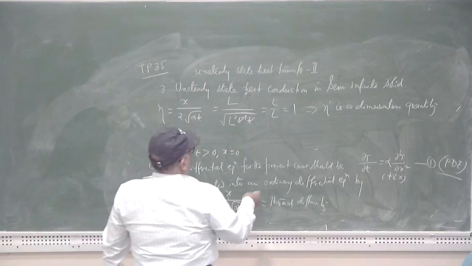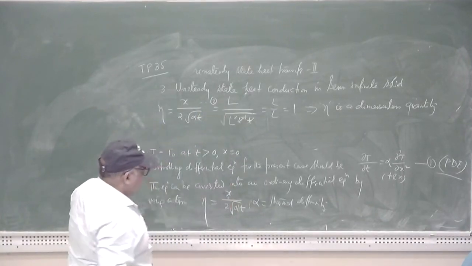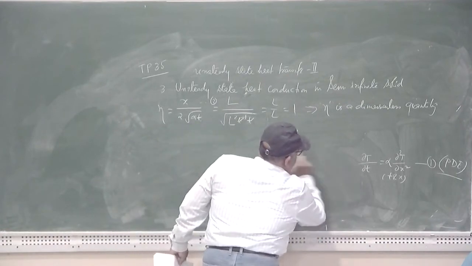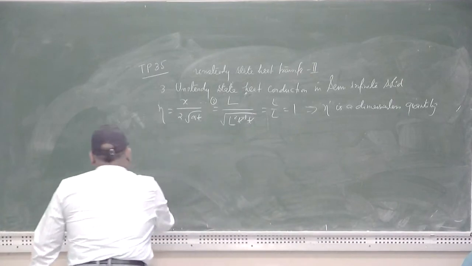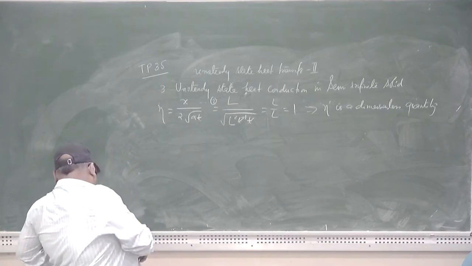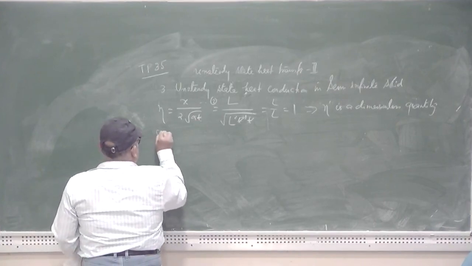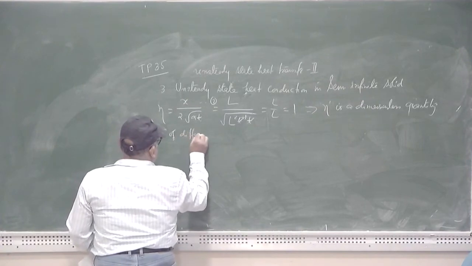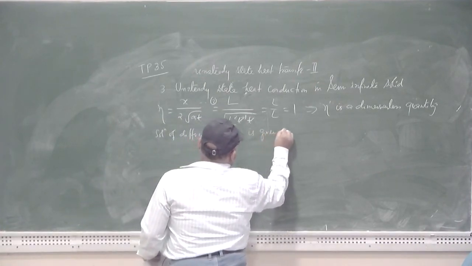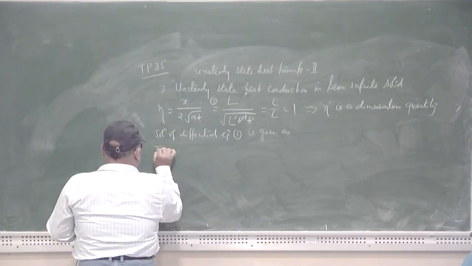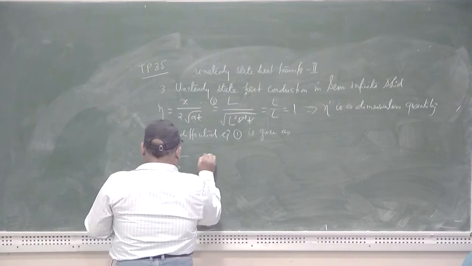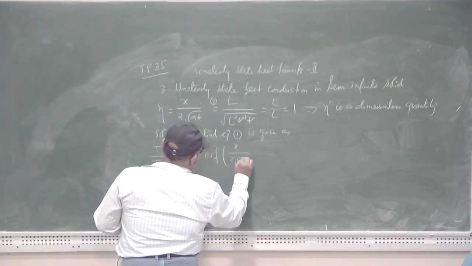So let it be equation number 2. And the solution of the differential equation 1 is given as t minus t naught divided by ti minus t naught equal to error function x divided by 2 under root alpha t.